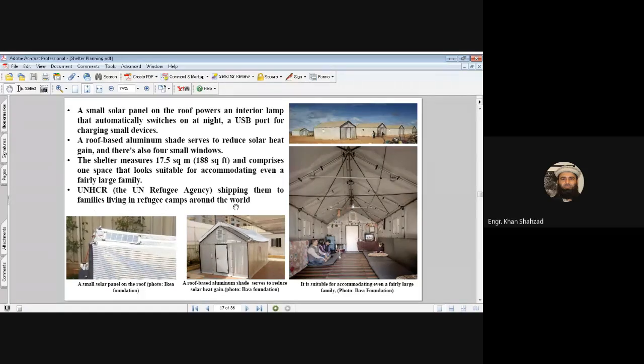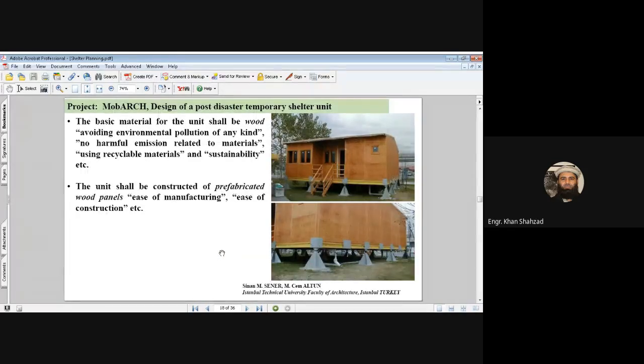Maybe we have many refugee camps, like for the people from Afghanistan and now the people from Syria. They have refugee camps in Turkey and some other countries. So the UNHCR, the United Nations, is providing these shelters to people who are refugees due to man-made disaster, that is, due to wars.